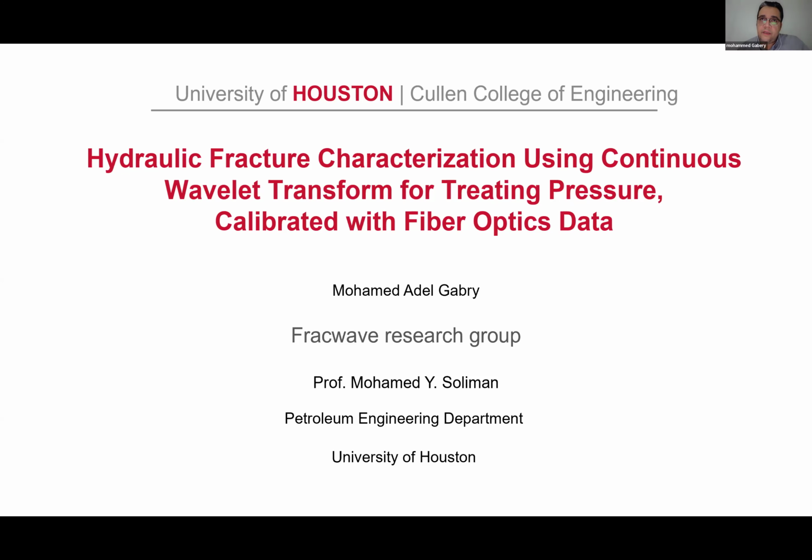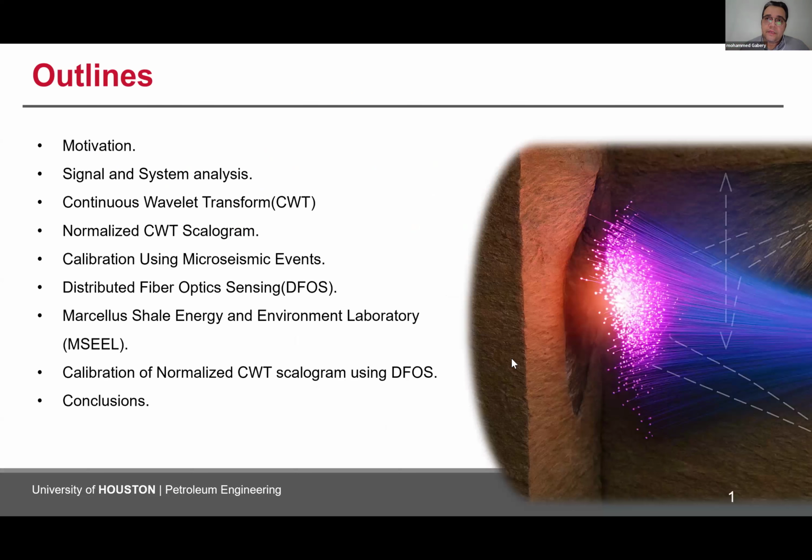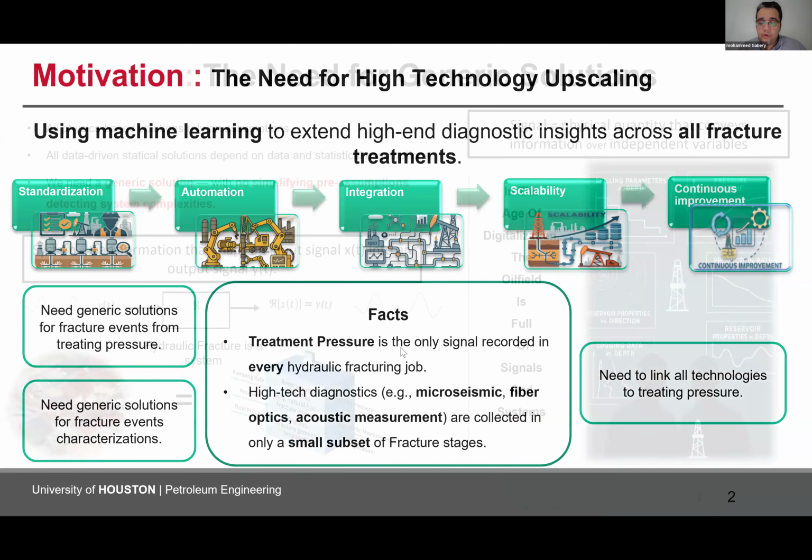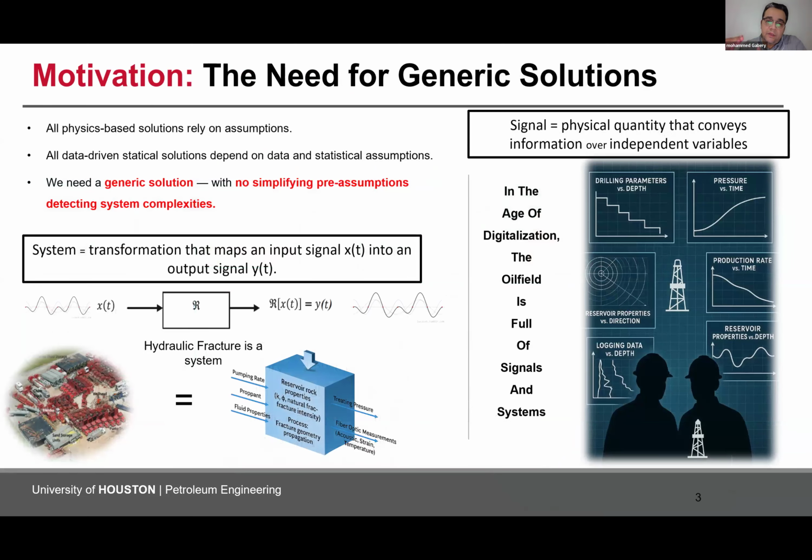I think the anomaly caused by the frac pump itself can be excluded from the scalogram. So if we know exactly there is an anomaly or high frequency events shown on the scalogram, we can simply remove this range of the frequency to get the analysis for the rest of the frequencies.